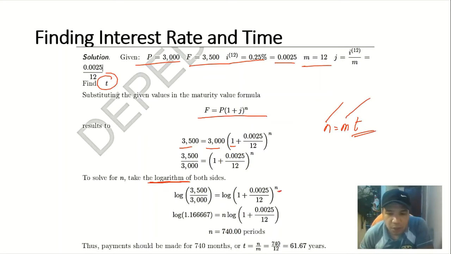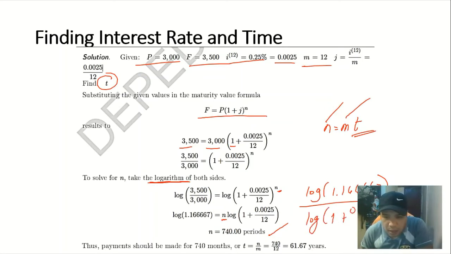Remember the property of logarithms: we move the exponent to the front to get its value. So, logarithm of 1.166667 divided by logarithm of (1 + 0.0025 over 12) equals n. That will define the value of n.